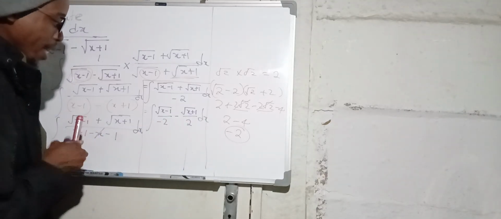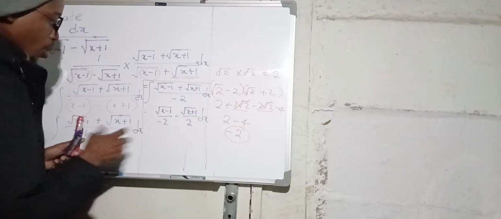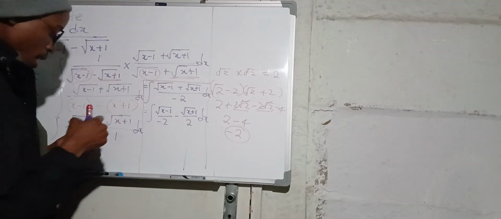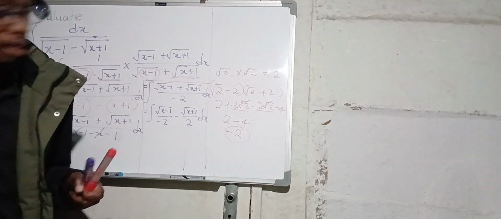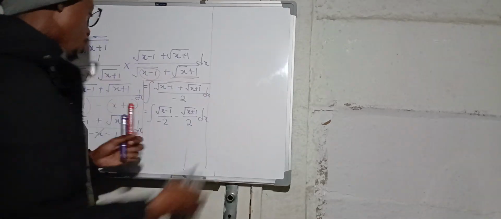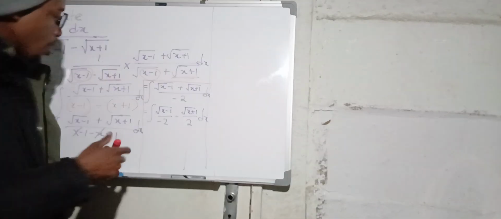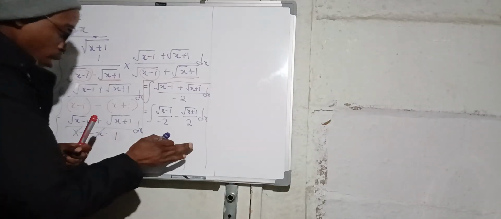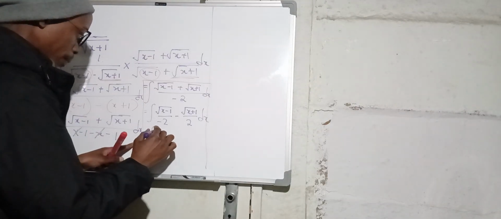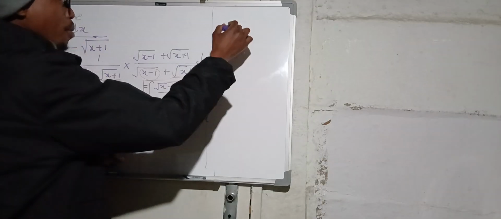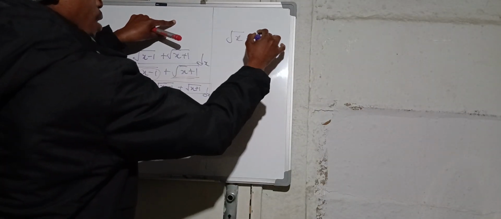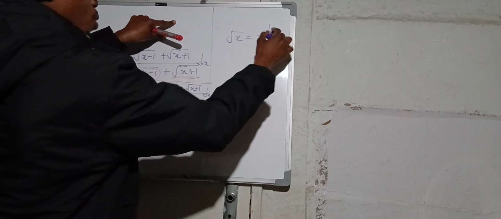Now I can separate the two fractions and write them as two separate integrals. Let me just erase here. This is a beautiful problem. I love this problem. We'll end up writing it this way. Integral of, let's remember something: the square root of x can be written as x to the power of 1 over 2.